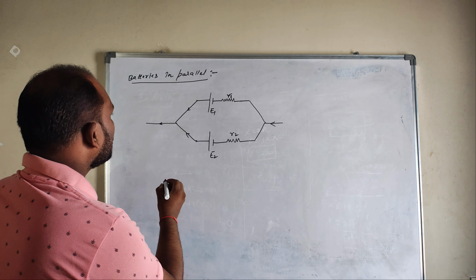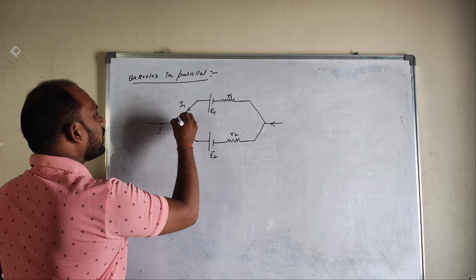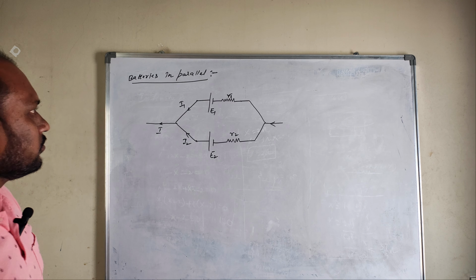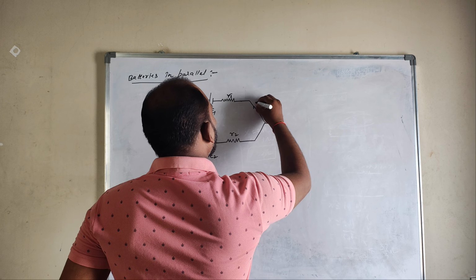Let us say I is the current here, and the branching happens into I1 and I2. This is also I1.